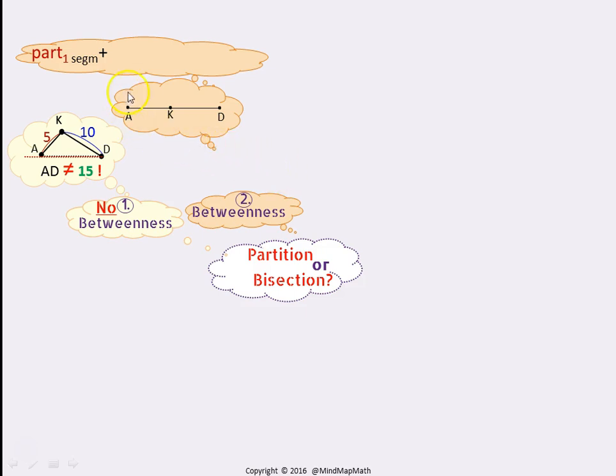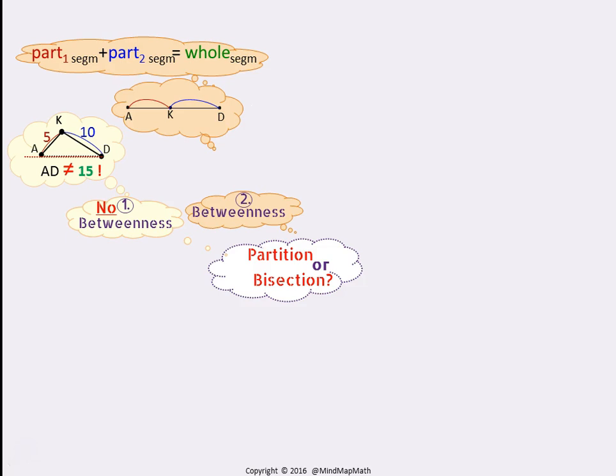Let's work with this diagram on the right. Apparently, point K, who is collinear with A and D and lies between them, breaks this segment into 2 parts. I will mark part AK in red and part KD in blue, so it's easier for us to talk about them.